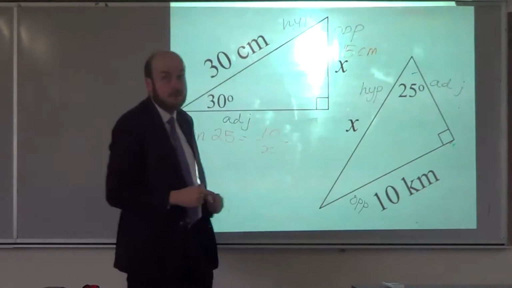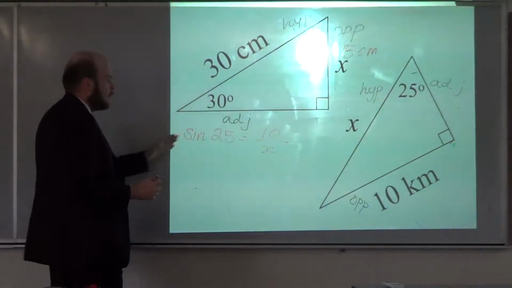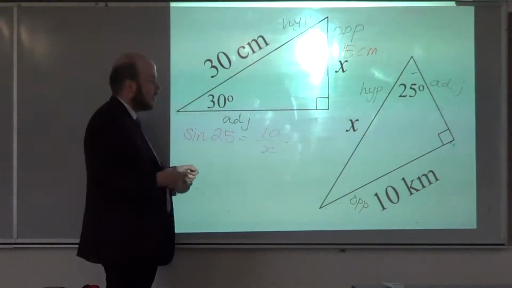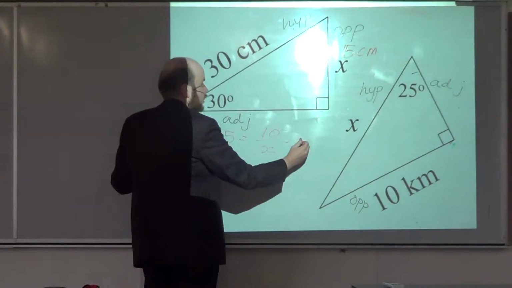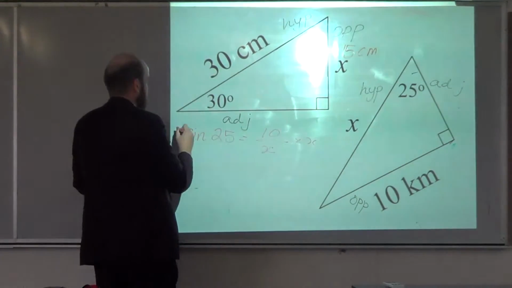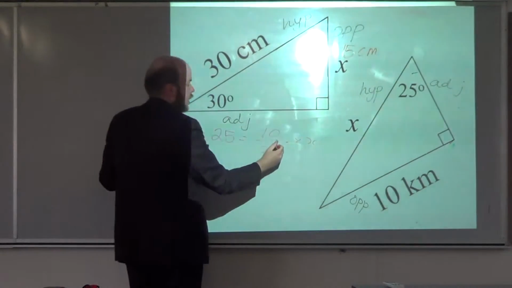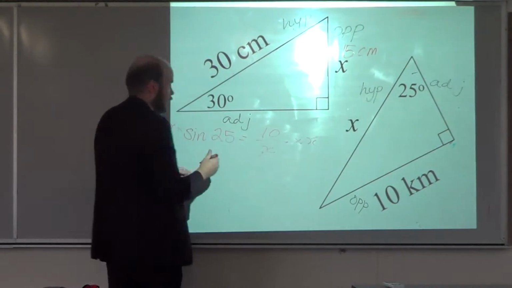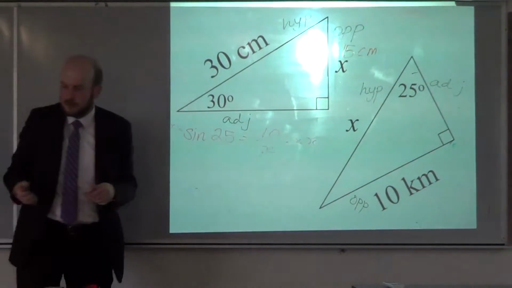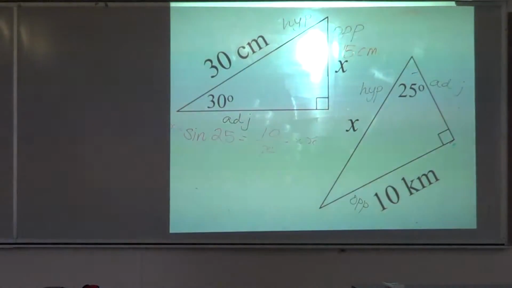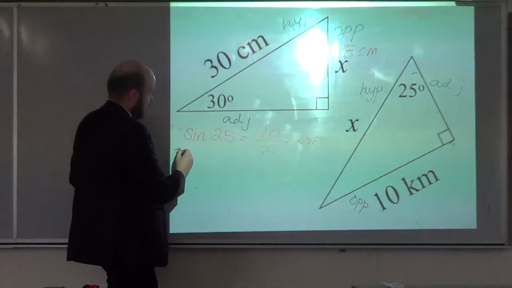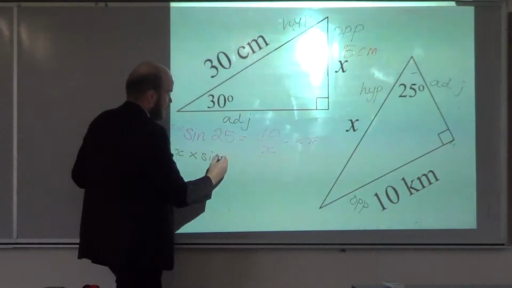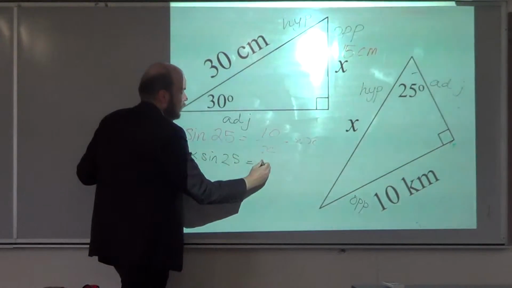Now, this is slightly different. So if I multiply both sides by x, I can cancel those out, and x times sine 25 is equal to 10.